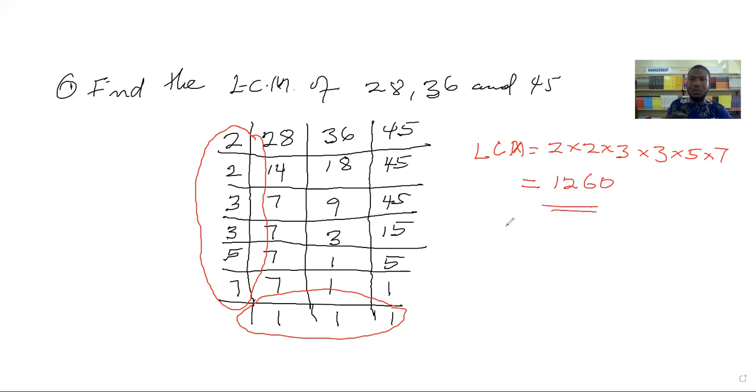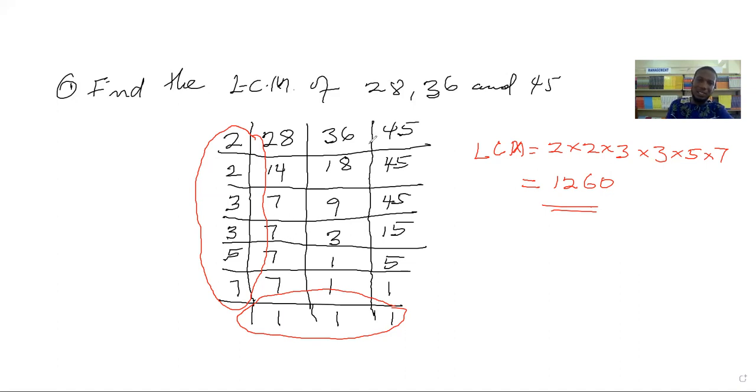So that means that 1260 is the smallest number 28, 36, and 45 can divide. Therefore, the LCM of 28, 36, and 45 is 1260. Quite easy, right? Quite easy.